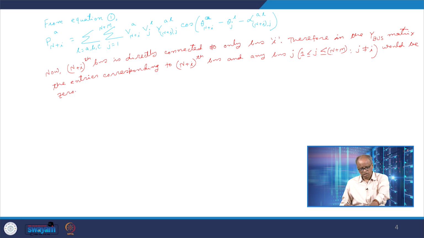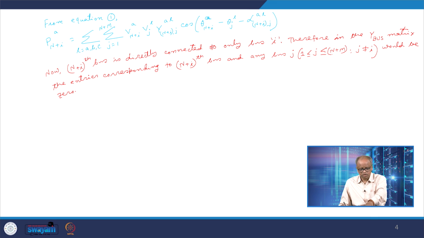So even when j varies from 1 to n plus m, only the entries corresponding to j equal to i and j equal to n plus i would be there. Other quantities will not be there. So this we must understand, right? It will only work for j equal to i, because the n plus ith bus is directly connected to the ith bus.